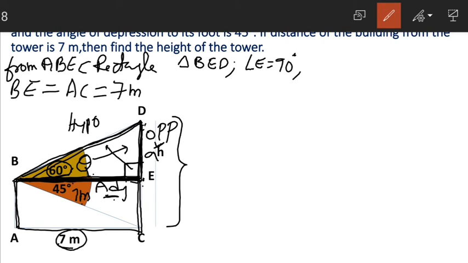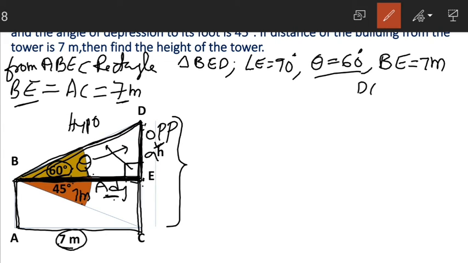Now at B, the angle theta is 60 degrees. I am considering this as theta, and the BE value becomes 7 meters, and DE we don't know, so let DE value be a.